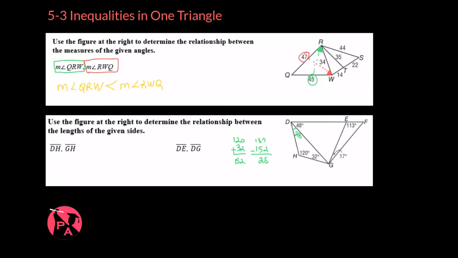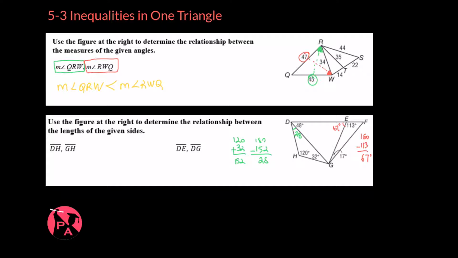That means their measures are 180 degrees. So by subtracting 113 from 180 degrees, I can figure out the other half of the angle. So it's going to be 67 degrees. So that angle right here would be 67 degrees.